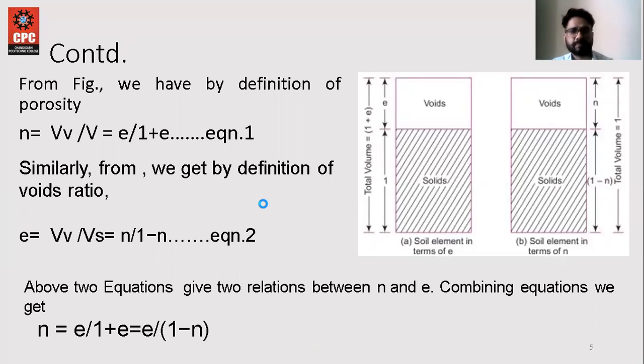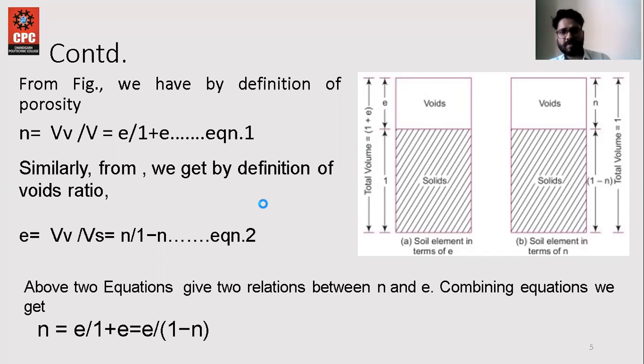In this slide, we can see that the void ratio, e, is generally expressed as a fraction, while the porosity n is expressed as a percentage. Therefore, porosity can also be referred to as the percentage voids. The figure shows the soil elements in terms of void ratio e, and in terms of volume of solids.